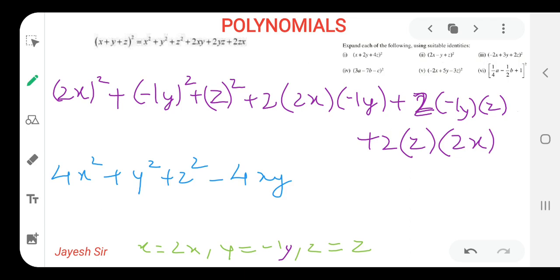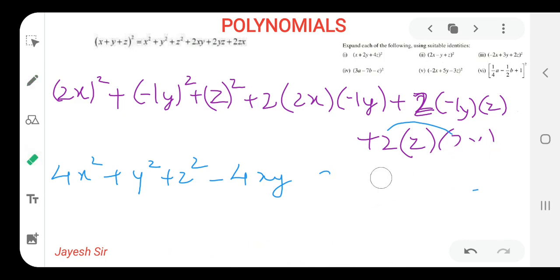Now 2 into -4 would be -2, and y into z would be yz, plus 2 into 2, that means 4, and zx means xz we can write. I hope you all might be getting it. And that's the answer that we are getting, friends: 4x square plus y square plus z square minus 4xy minus 2yz plus 4xz. I hope you all might be getting it. So if you have understood, pause the video and try to solve on your own, friends.